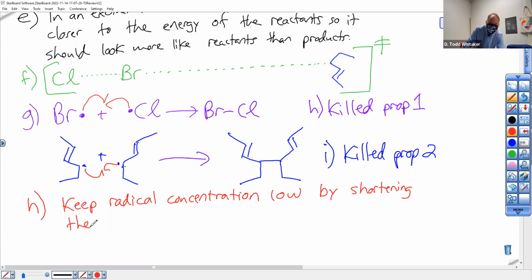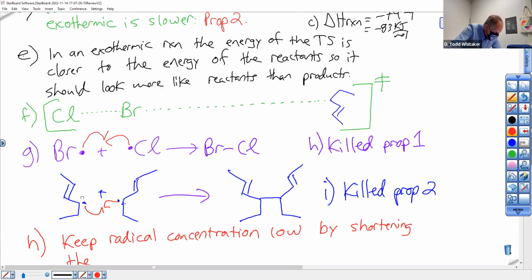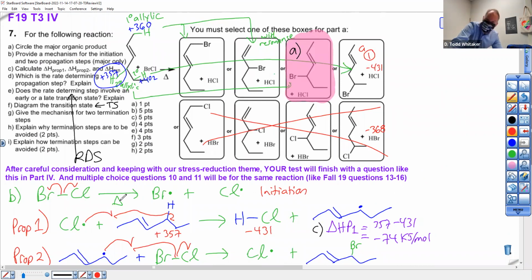What's a better way for you guys to say it? I don't want this kept on for a very long time, because that's what creates radicals. So what wording would you like to say? Keep the amount of time that heat is turned on to a minimum. Exposure, you like that?